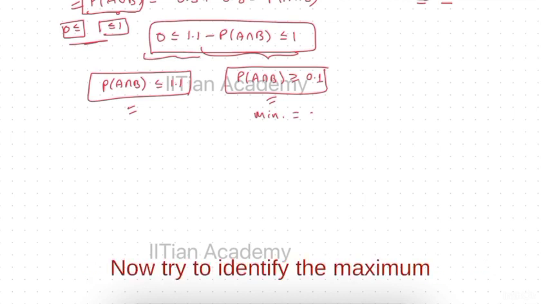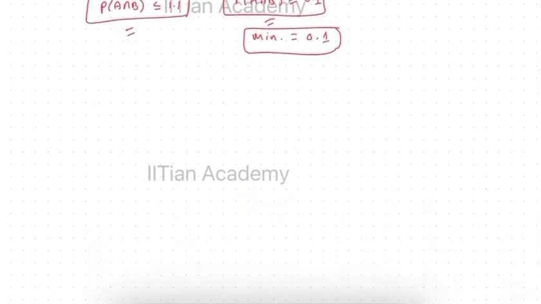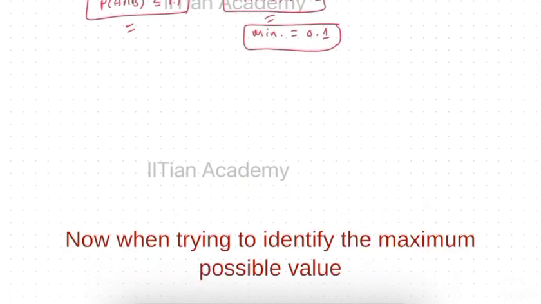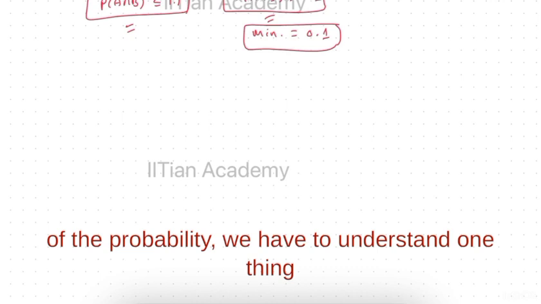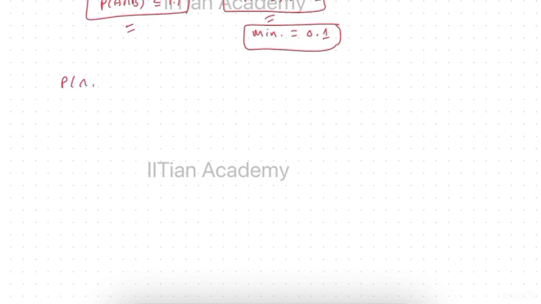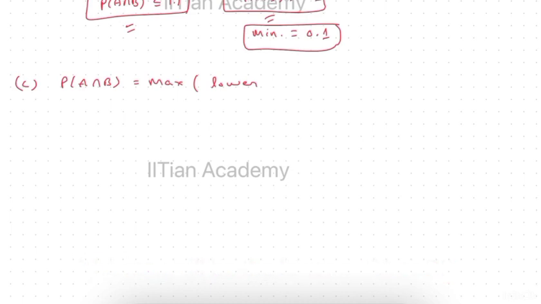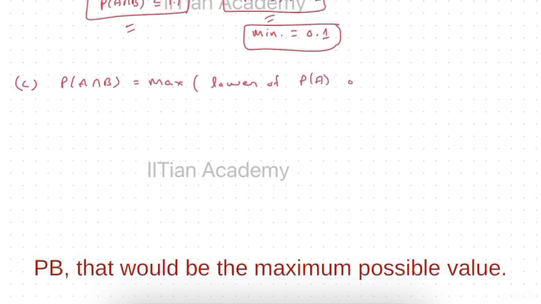The first part of our question is solved, and now we try to identify the maximum possible value of the probability. When trying to find the maximum possible value of the probability of A intersection B, we have to understand that the maximum will be the lower of the probability of A or the probability of B. Whatever is the lower value of P(A) or P(B) would be the maximum possible value.